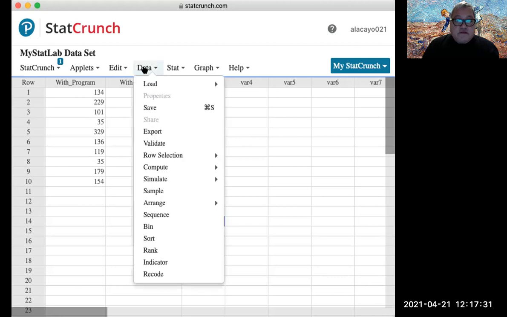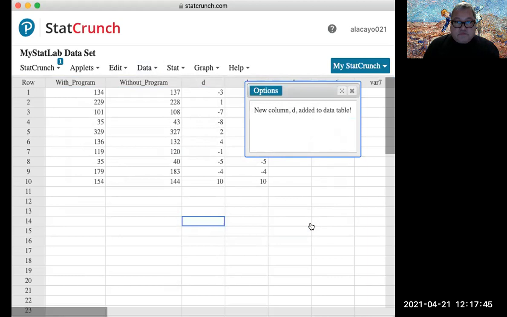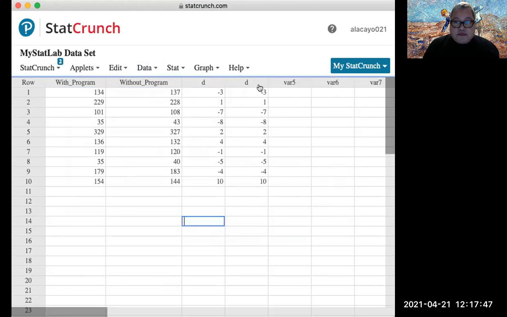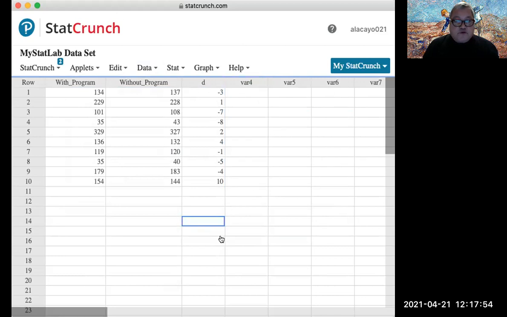This D column is Data, Compute, Expression, and you take the variable called with program minus without the program, and the column is labeled D, and compute. And that's how we got the differences day by day. Sorry for not having focused on this earlier.